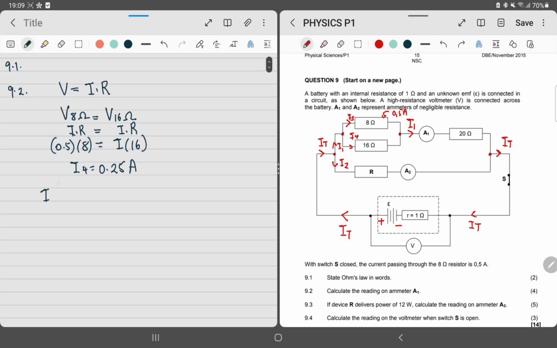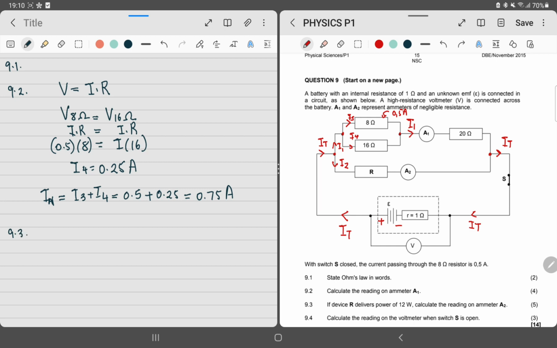And then we said that I1 is made up of I3 plus I4. I3 is 0.5, we are given. And we have just calculated I4, which is 0.25. So this is 0.75 amperes. That's what passes through A1.